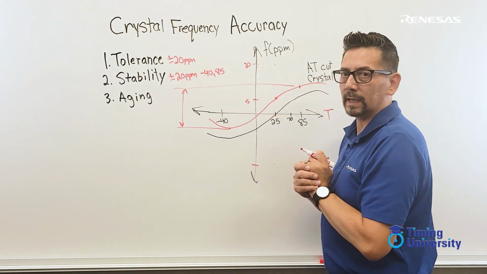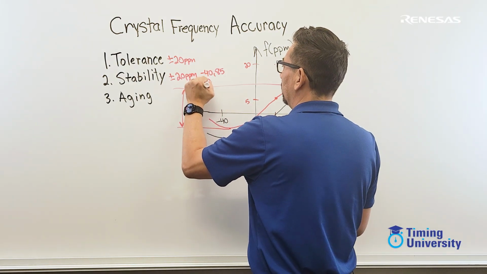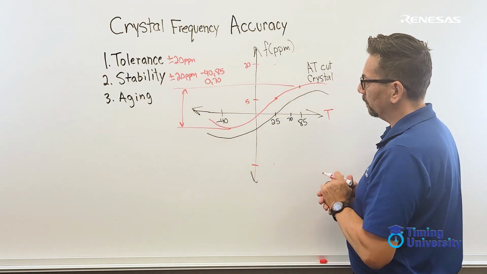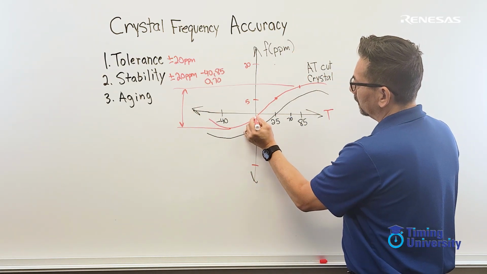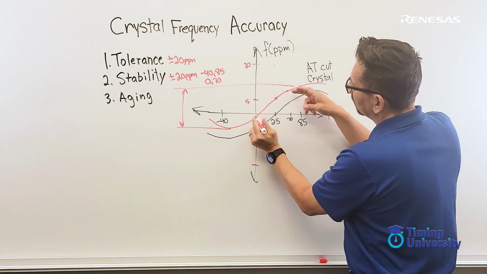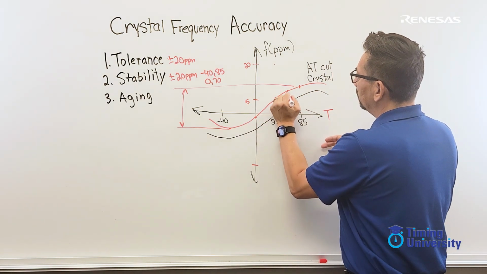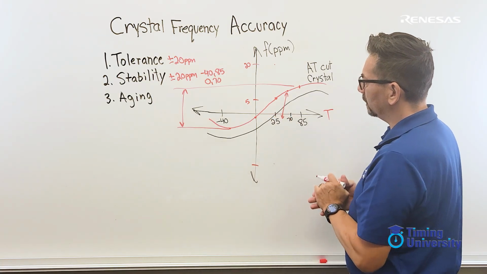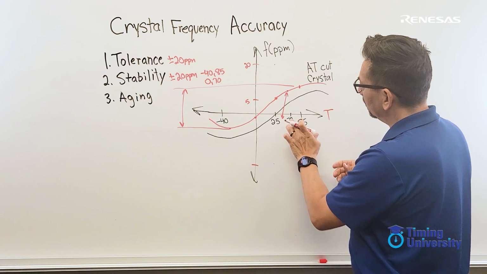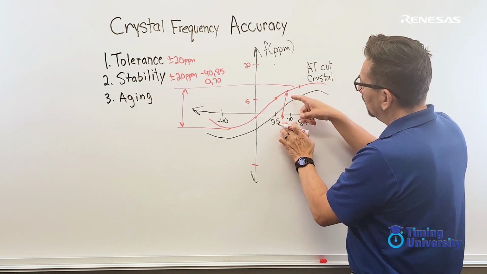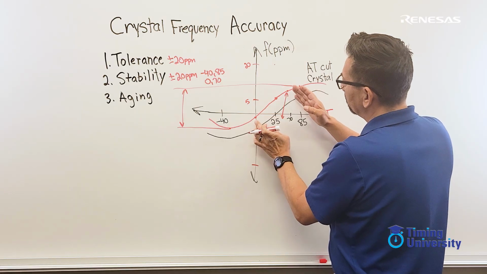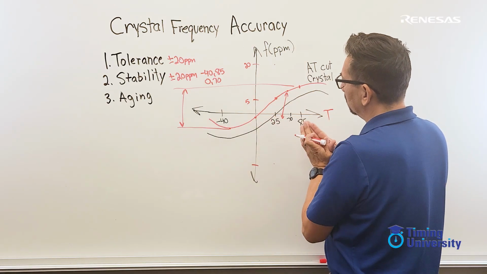But you might see that a datasheet has a range from 0 to 70. Well, what that datasheet is saying is for this range from 0 degrees to 70 degrees, that range is guaranteed to be less than plus or minus 20 ppm. However, this value is smaller than this one because the temperature range is smaller.